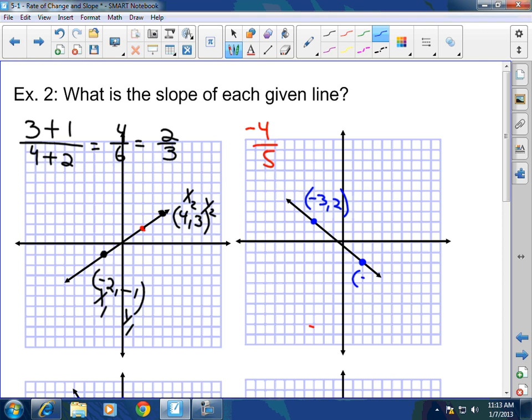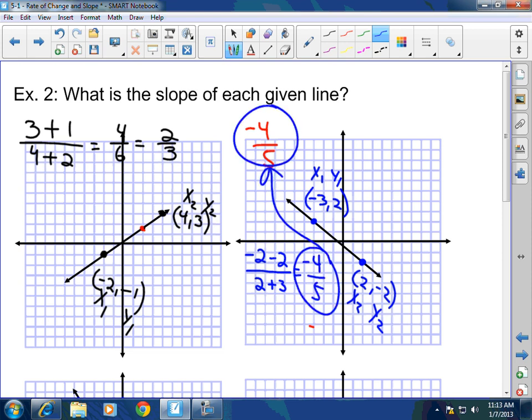This over here is going to be 2, comma, -2. x1, y1, x2, y2. y2 minus y1 over x2 minus x1. We've got -4/5, same as before. Does that make sense, everybody? Promise? All right, awesome.